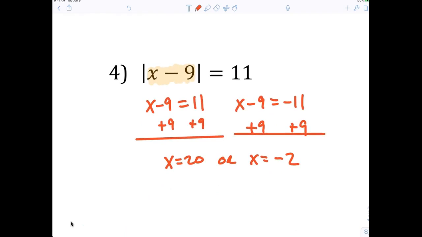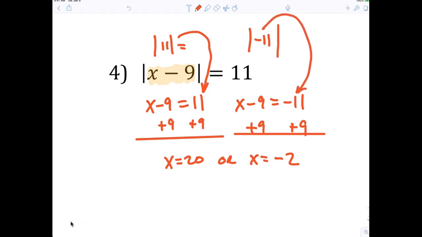If I say absolute value of 11, what does that equal? 11. That's why this inside here is there. What's the absolute value of -11? 11. That's why it's equal to there. Now watch what happens, everybody who's got your hand up.